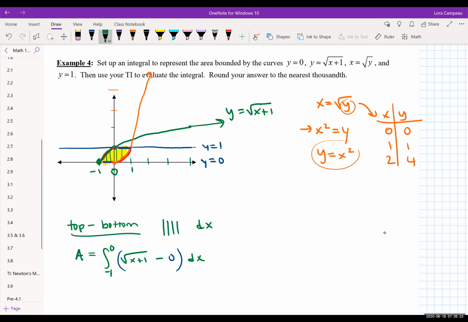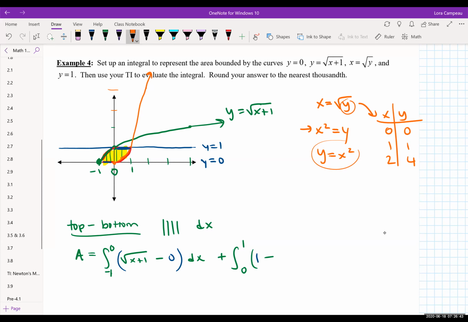The second region, this time around, we can start at 0 and go to 1, and then we're paying attention to who's on top. In this case, it's going to be y equals 1. Subtract off who's on the bottom.